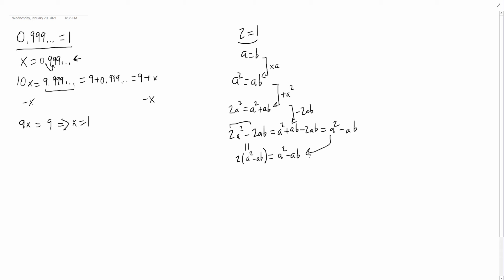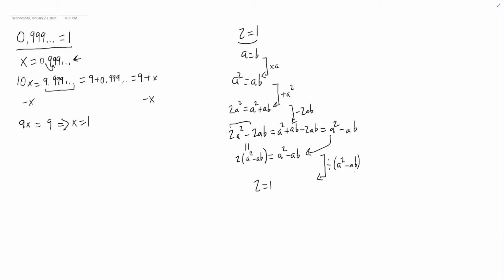So now both sides have a factor of a squared minus ab. Let me cancel that. And so we end up with the result I set out to prove, that 2 is equal to 1. And we got that by dividing by this thing. Okay.